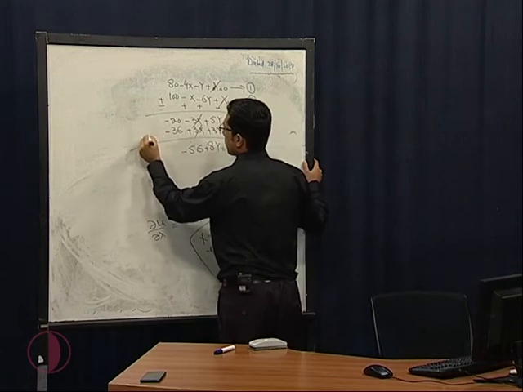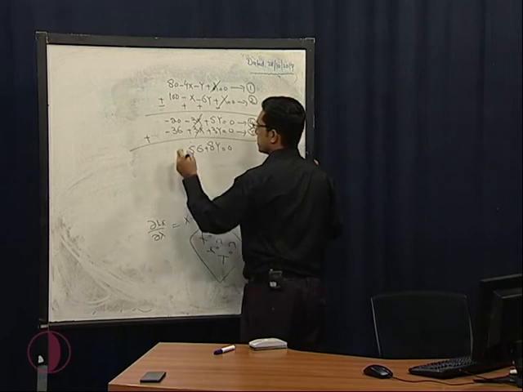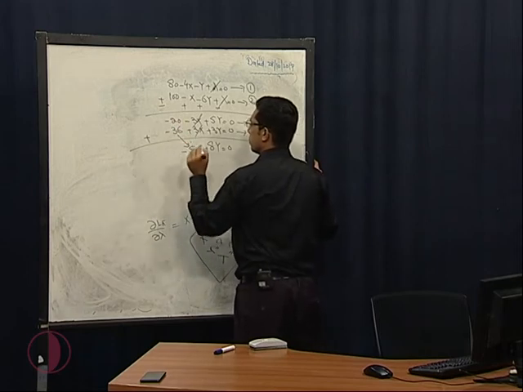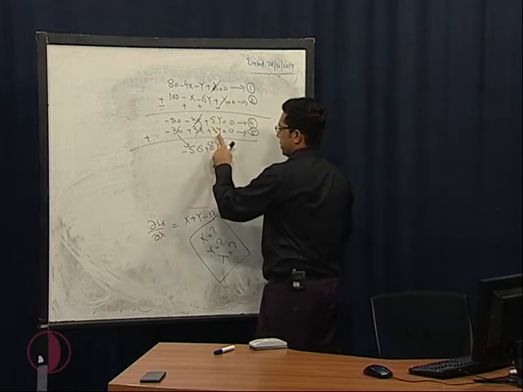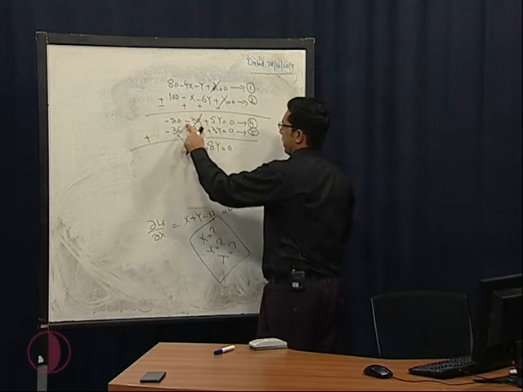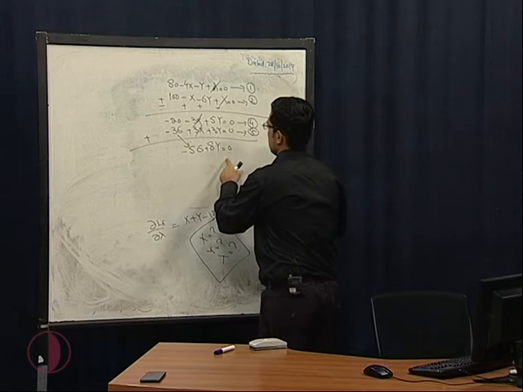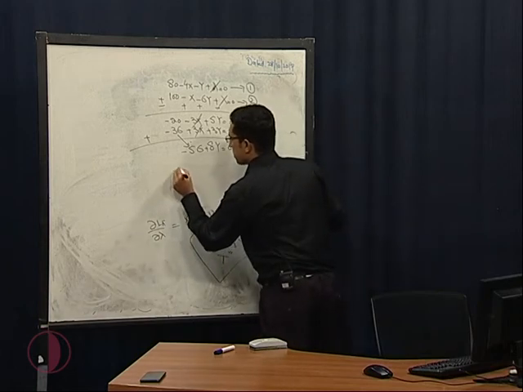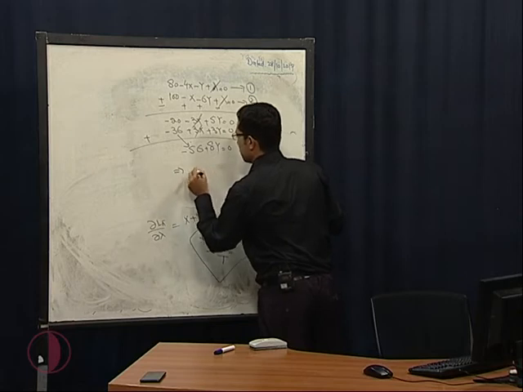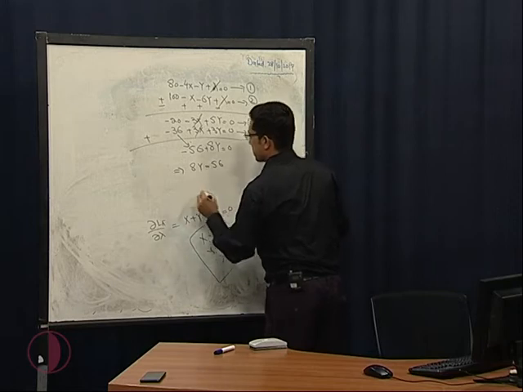Minus 20 plus minus 36 gives minus 56, plus 5y plus 3y gives 8y, and minus 3x plus 3x cancel out. So we get 8y minus 56 equal to 0. From here we can find the value of y. So, 8y is equal to 56.